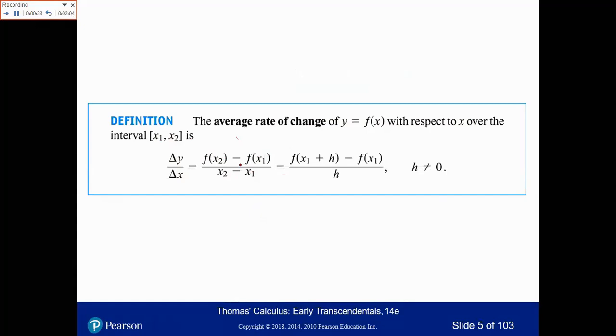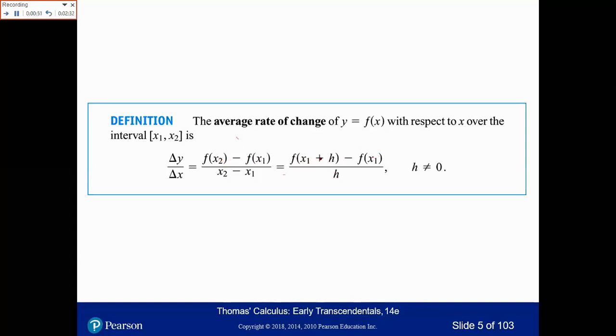This is similar to what we just talked about, but now we put it in the context of calculus, which is x1 and x2. So this we can write equals f of x1 plus h, that means x2 is equal to x1 plus h, so f of x1 plus h minus f of x1 divided by h.